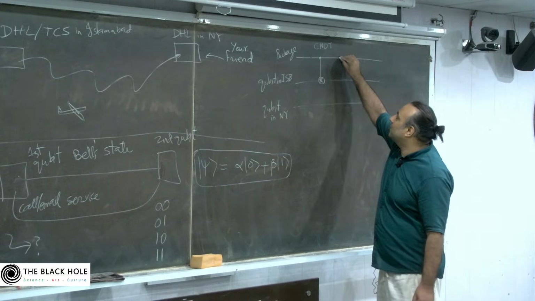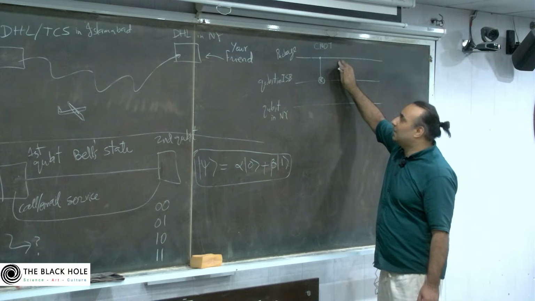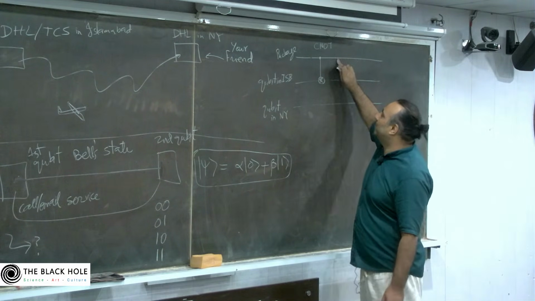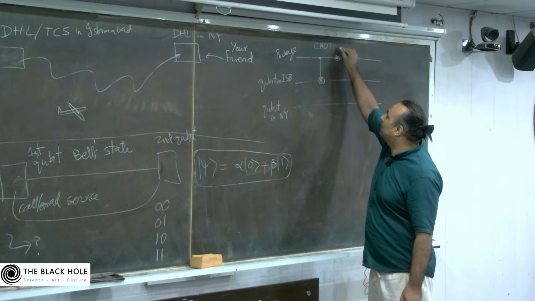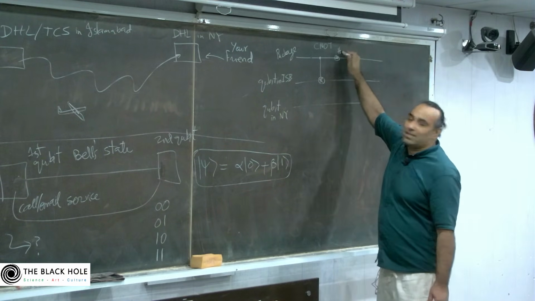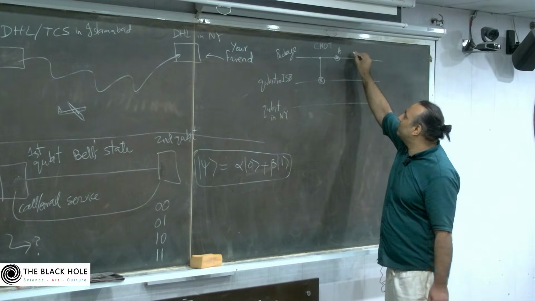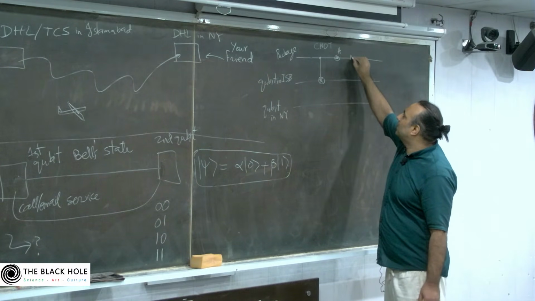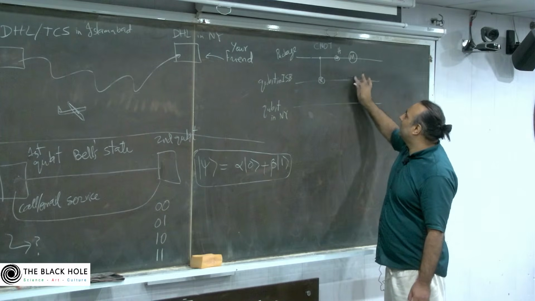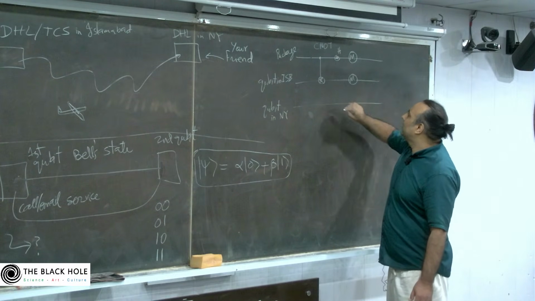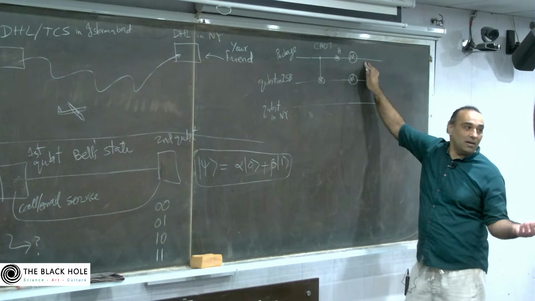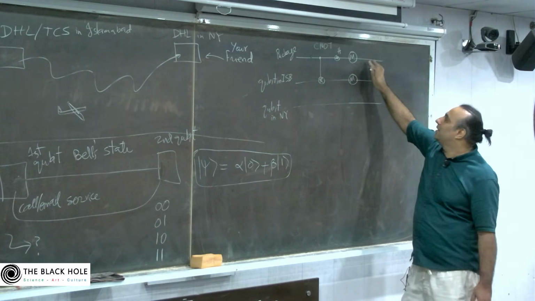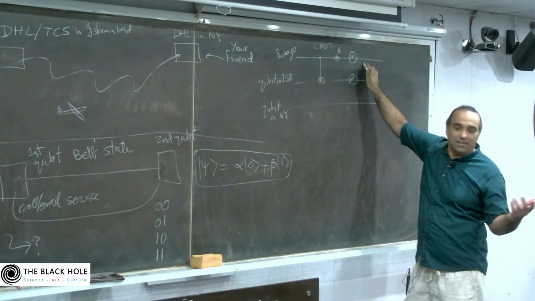That gate is an H gate, and that H gate is on this qubit, I guess. So let's put H. It's a single qubit gate, and then he performs a measurement over here. Let's call it M, and let's call this M. Once he performs these measurements, these qubits are projected onto some states.